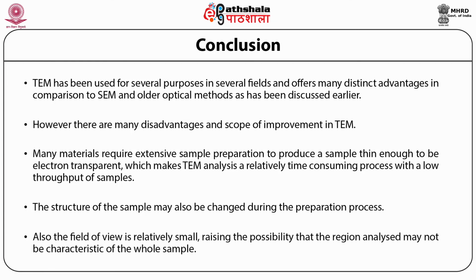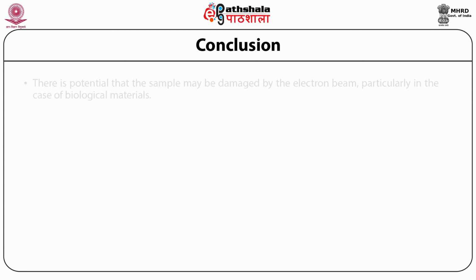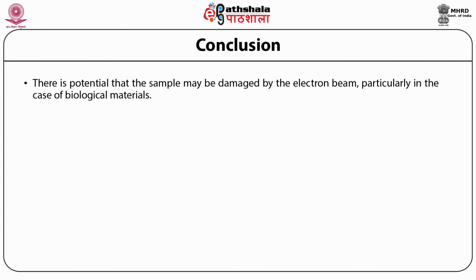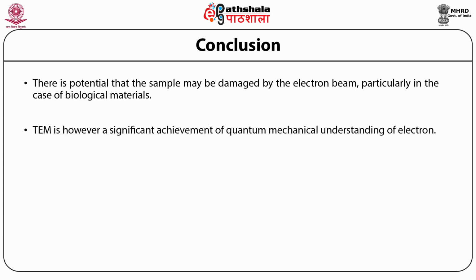Also, the field of view is relatively small, raising the possibility that the region analyzed may not be characteristic of the whole sample. There is potential that the sample may be damaged by the electron beam, particularly in the case of biological materials. TEM is, however, a significant achievement of quantum mechanical understanding of electrons.